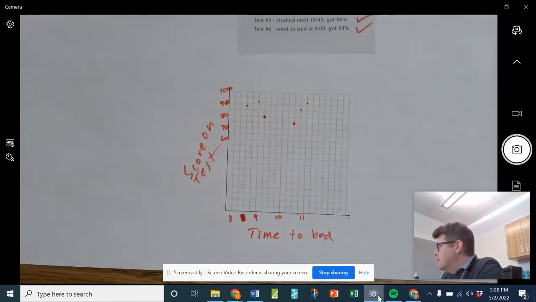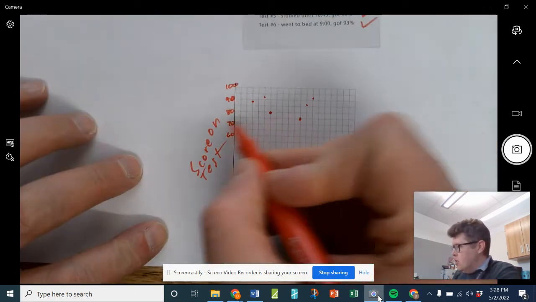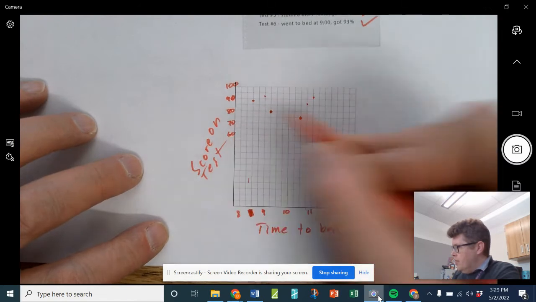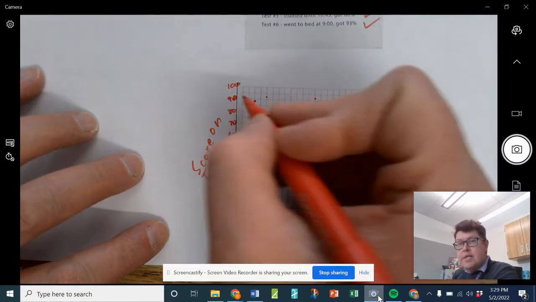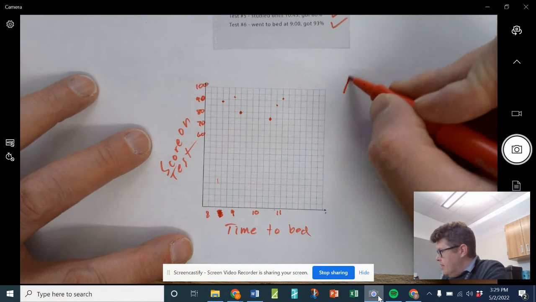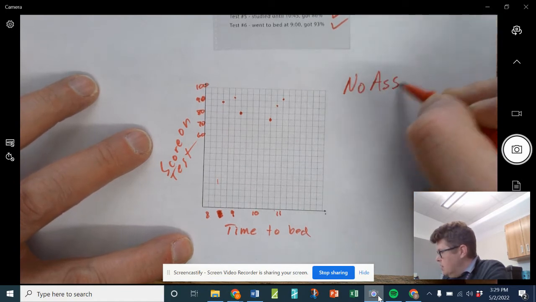So if I look at this, I see that there's not really any kind of association I can make here because there's not really a trend line I can draw that goes through it that makes much sense. These are scattered all over the place. So I'd say that this has no association.